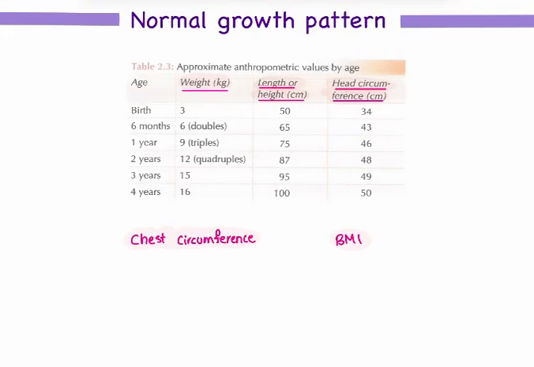Normal growth pattern. We shall see the normal growth pattern in relation with various anthropometry. First is weight. The birth weight of a baby is 3 kgs normally. Then he loses 7 to 10% weight in first week. At 10th day, he regains the birth weight.